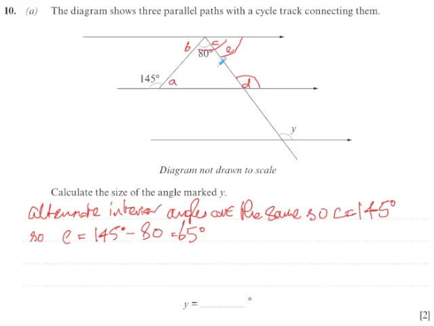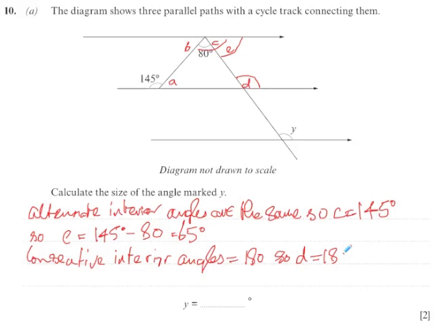Now we know consecutive interior angles equal 180 degrees. So D equals 180 minus 65, which is equal to 115 degrees.